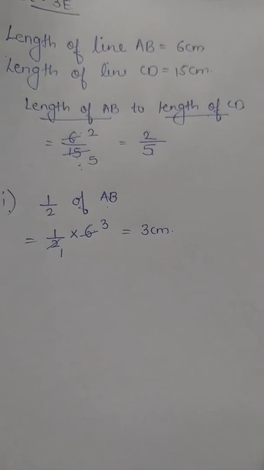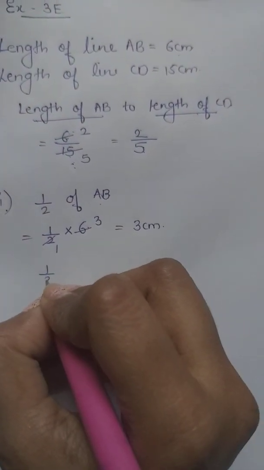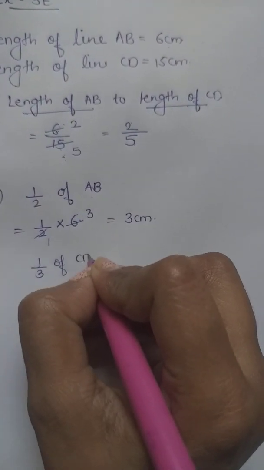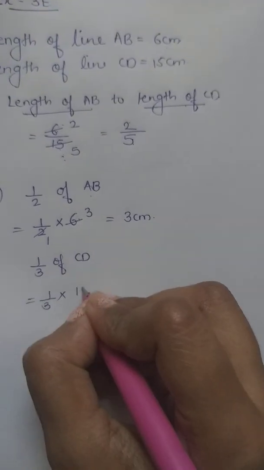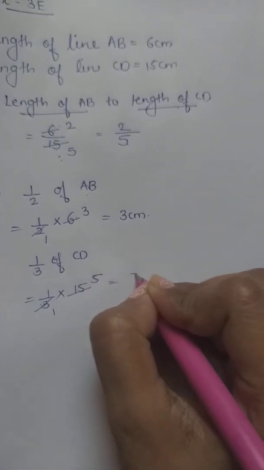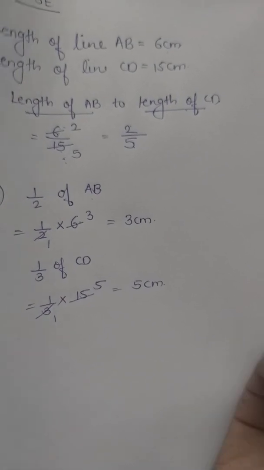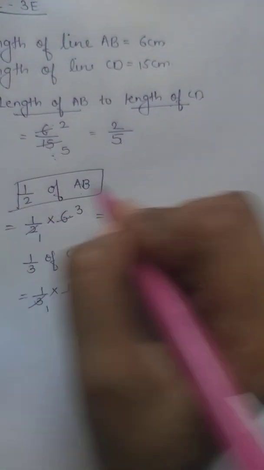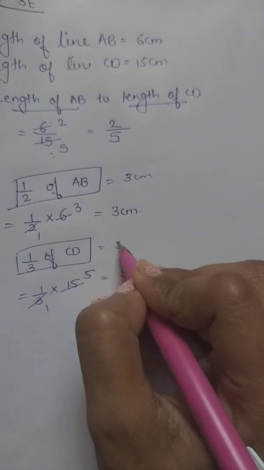So half of AB is 3 centimeter. Now it is written 1/3 of CD, that is 1 upon 3 multiplied by 15. 3 5s are 15, so in the numerator 5. So 5 centimeter. Are you clear with that? Half of AB is equal to 3 centimeter, and 1/3 of CD is equal to 5 centimeter.